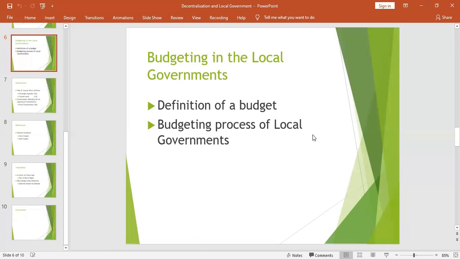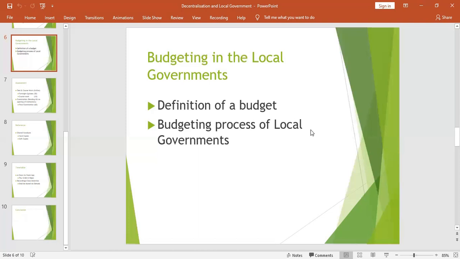And this involves resource mobilization, revenue sharing, budgeting, implementation of the budget, monitoring, and accountability. The Local Governments Act and the Financial and Accounting Regulations 2006 streamline the financial management procedures to be followed in all governments. So members, let us now look at sources of local government revenue.